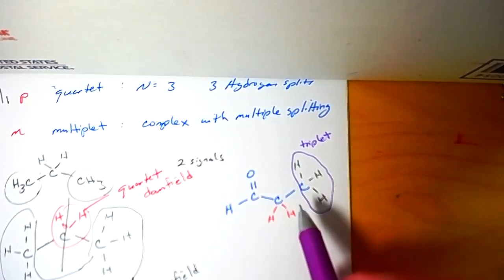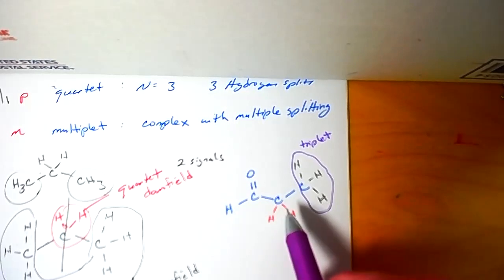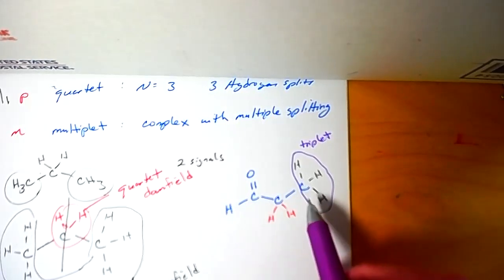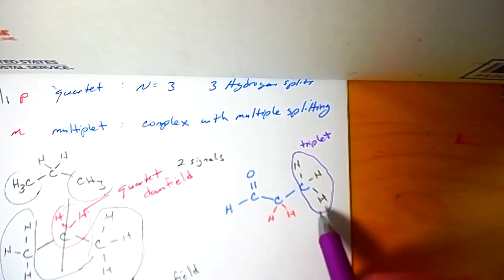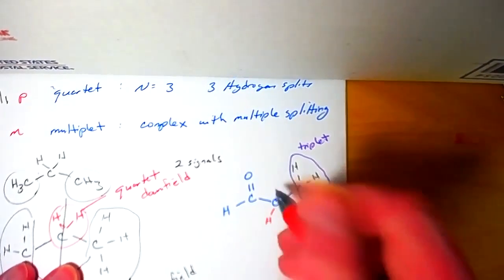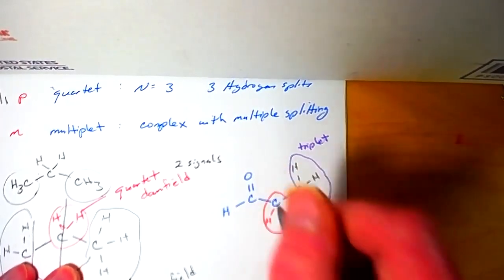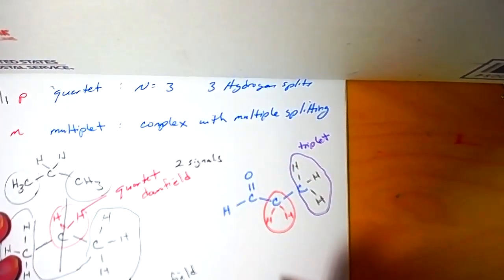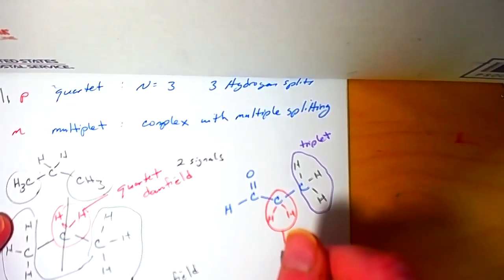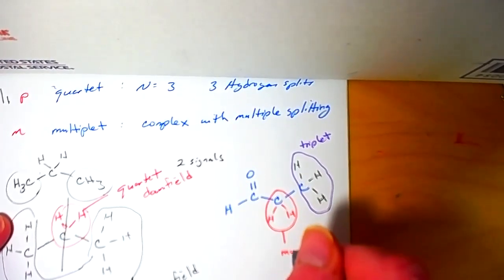So it ends up being a doublet times, in this case, a quartet. So would it be a doublet of quartets or a quartet of doublets? In any case, it's going to be pretty messy. And so this guy right here is going to show up essentially as a multiplet.